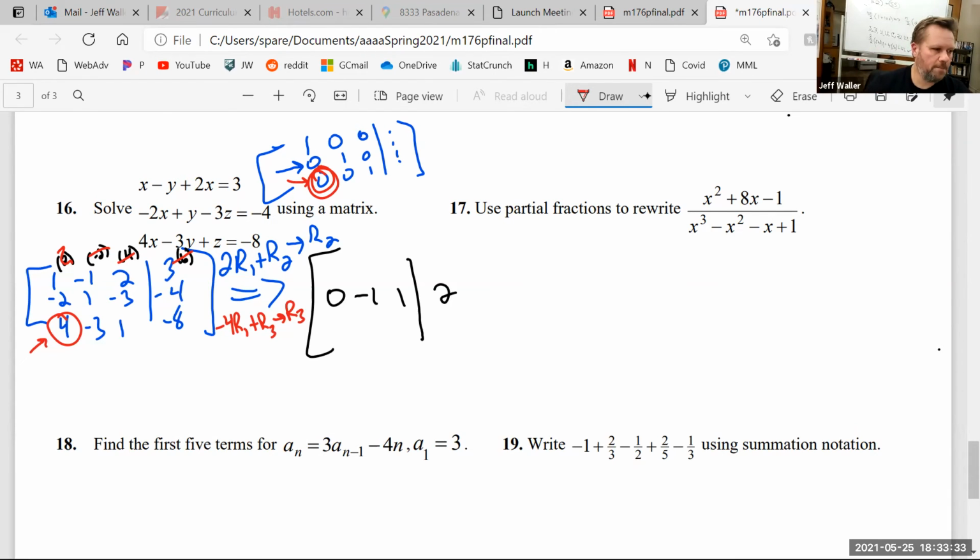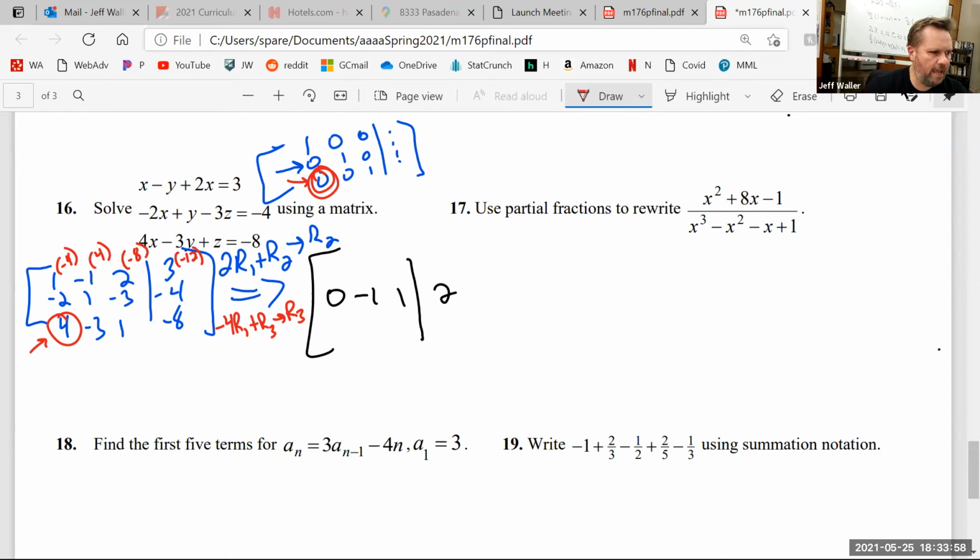Okay, let me see if I can sneak this in here. What I'll do is erase this. Get out of here, I'm done with you. I'm going to multiply this by -4. So that's -4. -1 times -4 is 4. 2 times -4 is -8. 3 times -4 is -12.